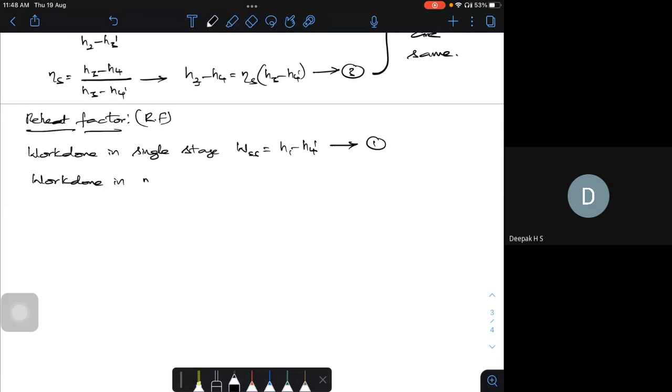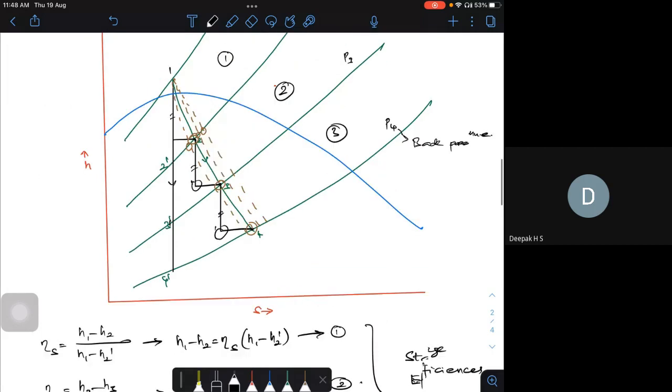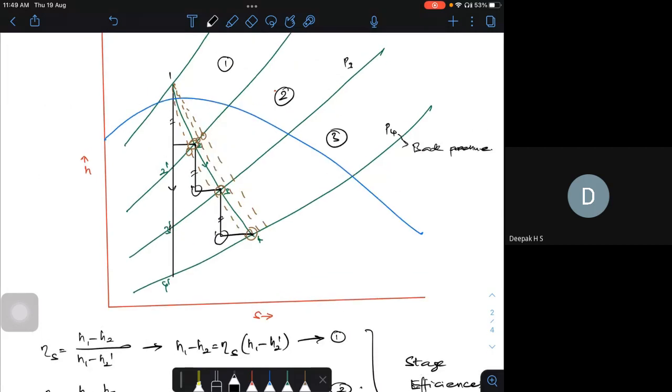Work done in multiple stages. Here also, what is the work done? Actual work done is H1 minus H2, and isentropic work done is H1 minus H2 dash for the first stage.